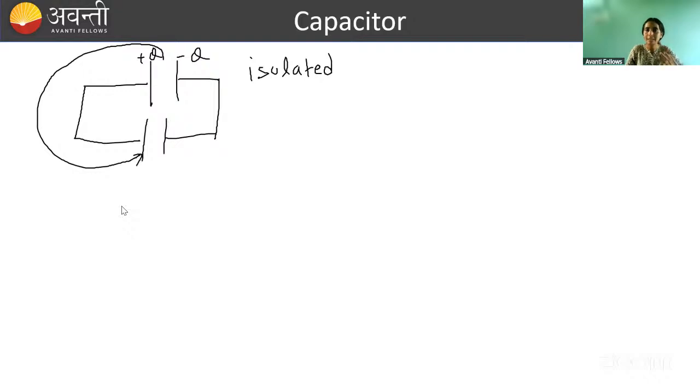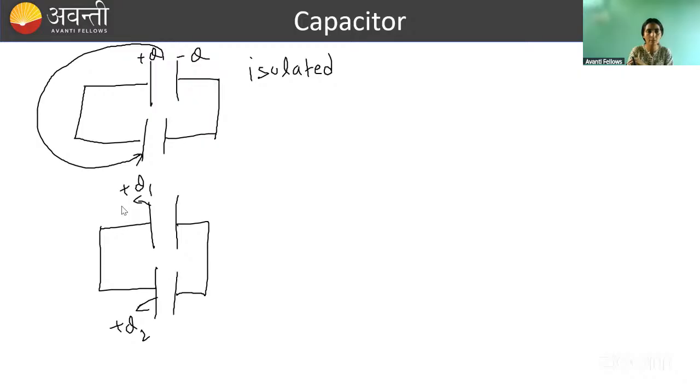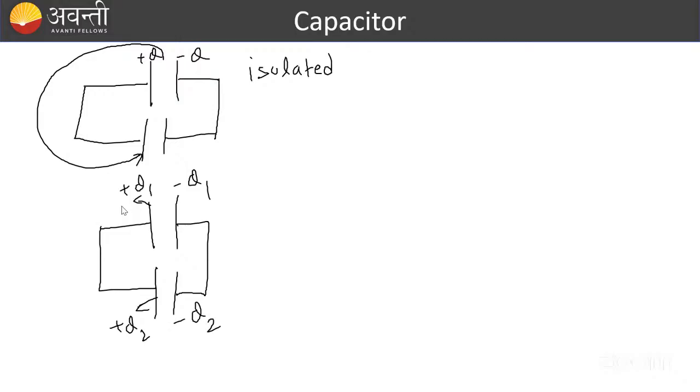Let's say at equilibrium, finally, here plus q1 charge is left, and here plus q2. And this has minus q1, and this has minus q2. ठीक है, so this is the distribution of charge that we can see in equilibrium when both have the same potential difference.